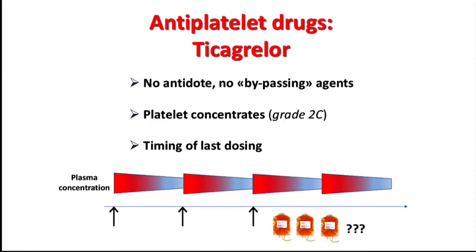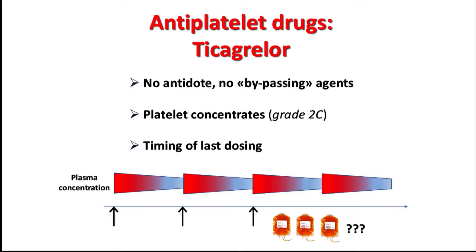For ticagrelor, it's another story. The point is that although there is no specific antidote yet, the binding of the drug to the receptors is reversible. So you have a steady state between plasma level and platelet-bound ticagrelor.